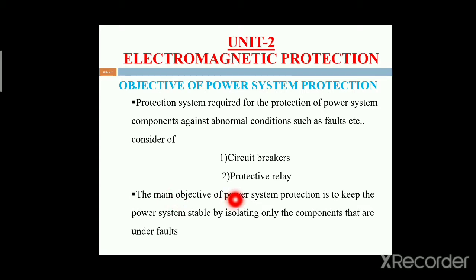We give protection for the power system so that the power system is stable by isolating only the components that are under faults. If faulted components are there in the power system, only those faulted components are disconnected from the circuit, and the remaining healthy components stay in the circuit.